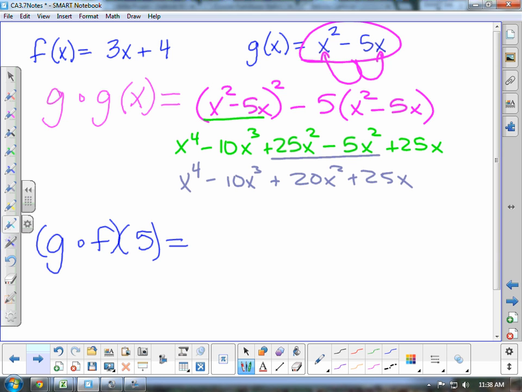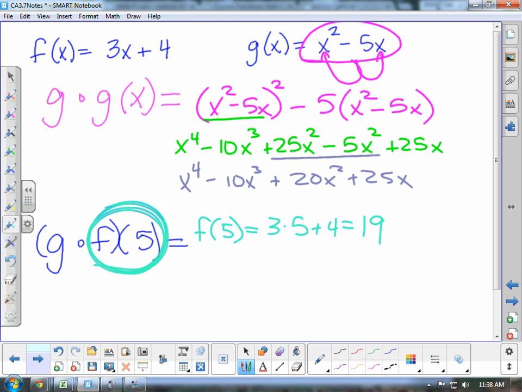And then if you were evaluating a function, you could take and figure out what it is first, or just work the same way as what composition means. Figure out what f of 5 is first. And in this case, f of 5 would be 3 times 5 plus 4, which is 19.